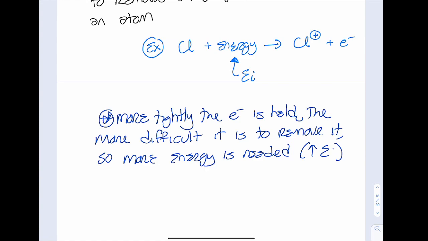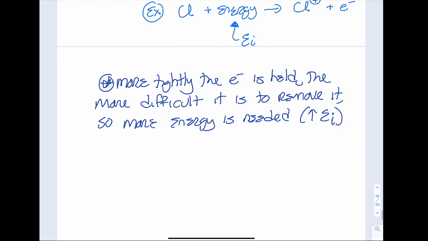It's kind of a funny looking i. The other way you can look at it is that if things are more stable, they don't want to become less stable. So if it's more stable with the electron, it's going to be more difficult to remove the electron.